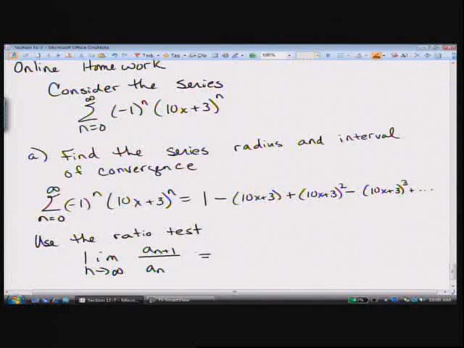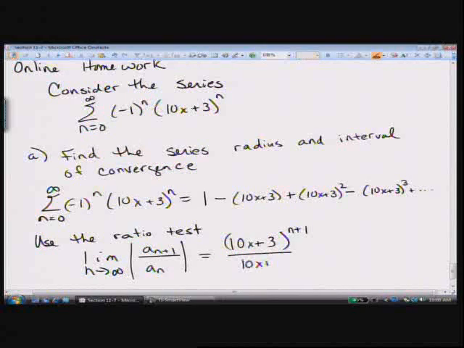It's in the absolute value, so we're not going to worry about the fact that it's alternating. So that's going to be 10x plus 3 to the n plus 1 over 10x plus 3 to the n, right?